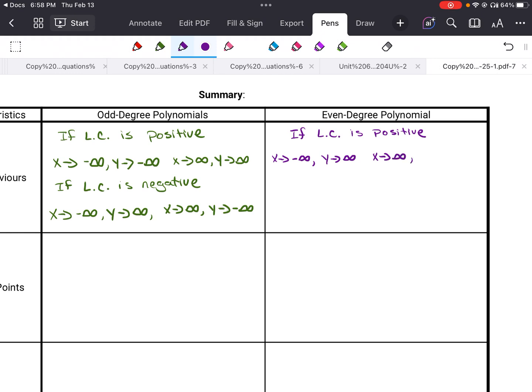Remember, for even degree and it's positive, no matter what way the x's are going, the y's will be approaching positive infinity. And if the leading coefficient is negative, both y's will go to negative infinity.